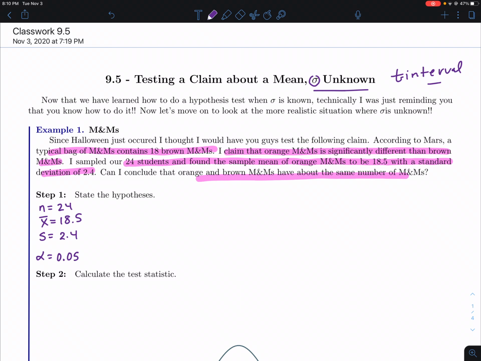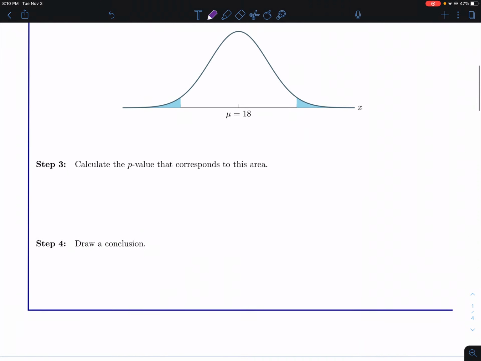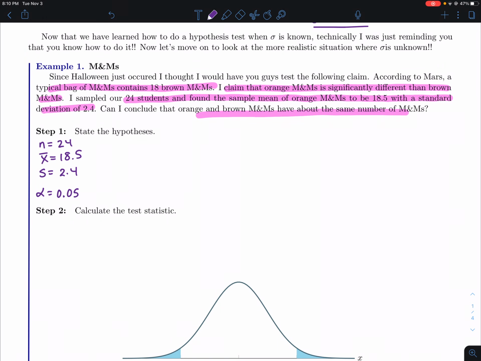Remember, it doesn't matter what kind of hypothesis test we're going to do, we still have the same exact four-step process each time. State the hypothesis first. Since this one is significantly different, that's the equals, not equals situation. And 18 is the mean that we're testing against.